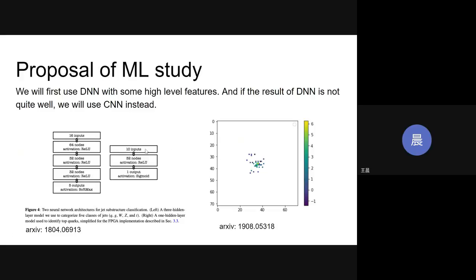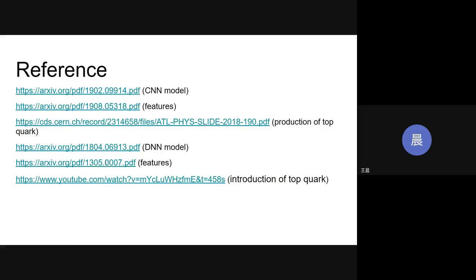If we have time or the DNN model is not good, we will try the CNN model from this paper. But we found a little problem with the CNN model. If the DNN model is not good, we'll use the CNN model, or maybe we can do both and compare them. That's our reference.